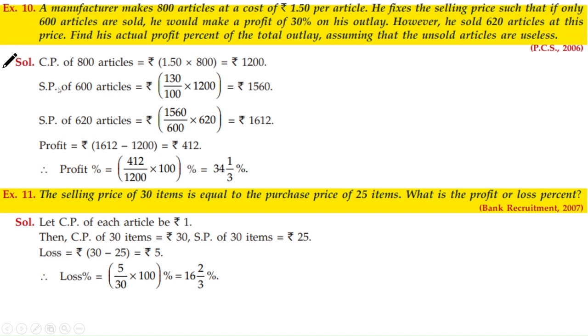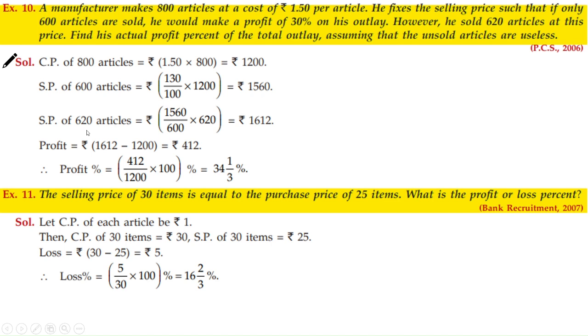Cost price of 800 articles equal to 1.50 into 800 equal to 1200. Selling price of 600 articles equal to 130 by 100 into 1200. That equal to 1560.